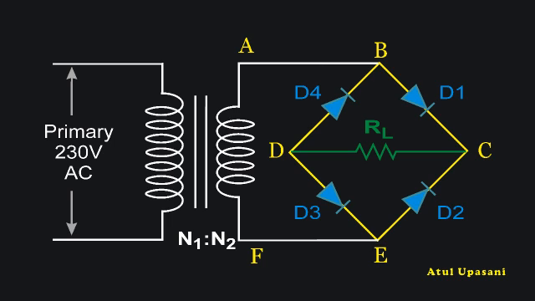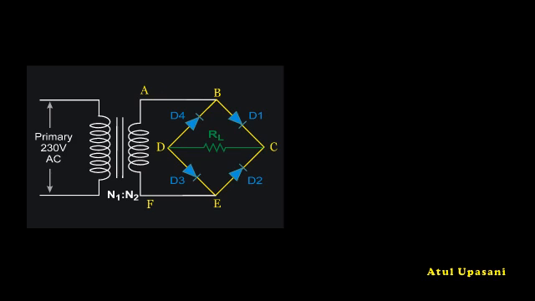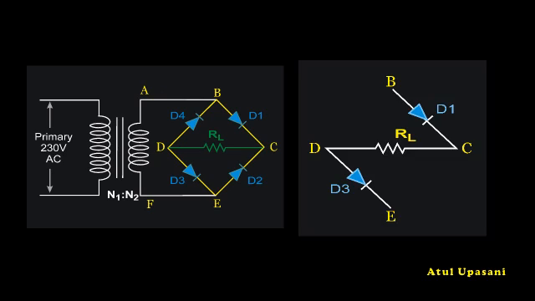Now let us discuss the working of this bridge rectifier. Let points A and F be the points of the secondary coil. During the positive half cycle of the secondary AC voltage, diodes D1 and D3 will be forward biased, and diodes D2 and D4 will be reverse biased.